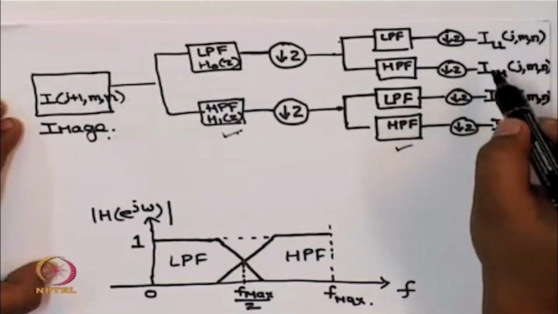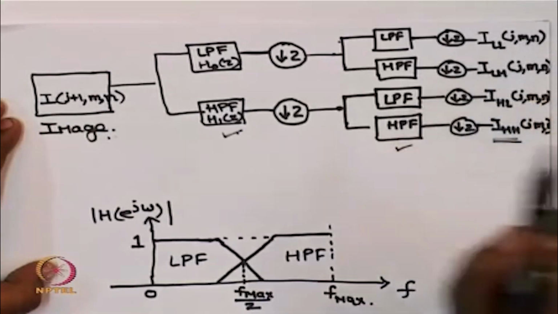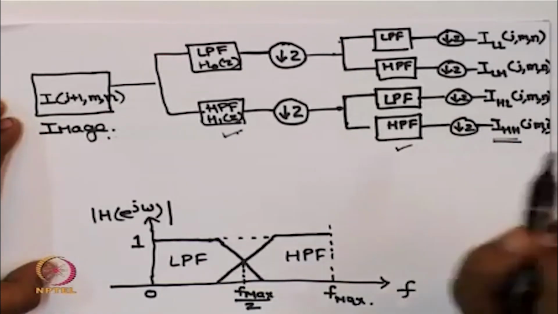Now it's important to observe here that the output subimages are at one resolution less than the image that we started with. That is, we have in effect lost the resolution by a factor of 2 along the rows of the image and also along the columns of the image.